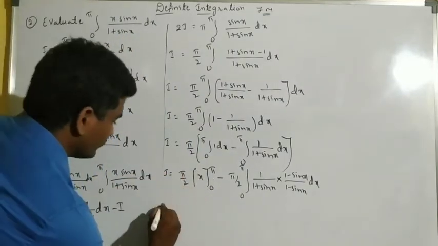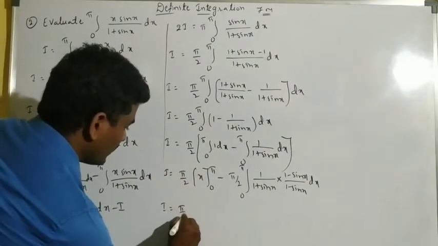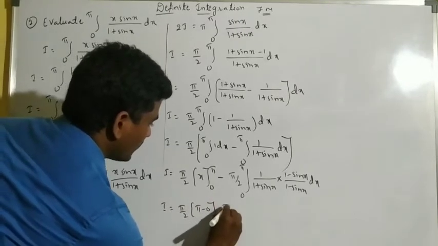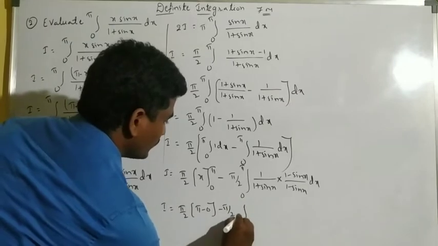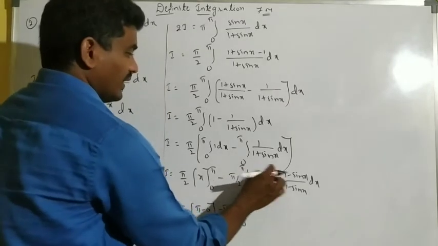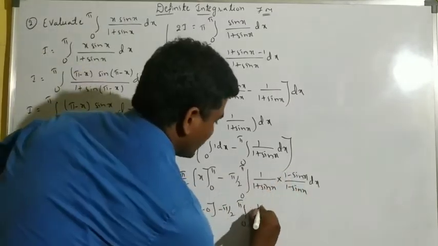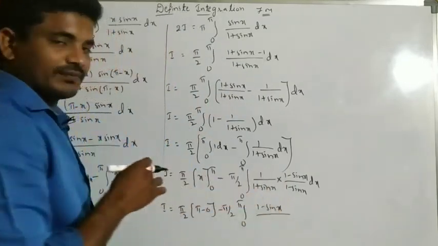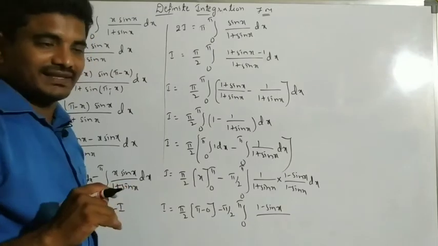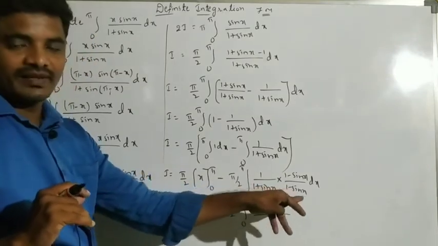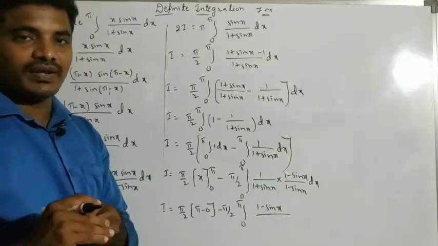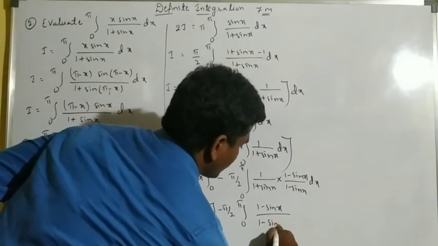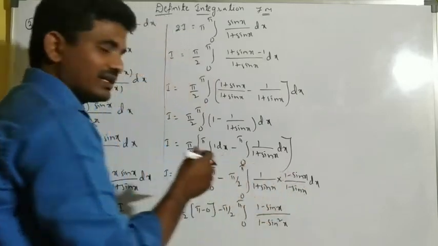Next we get I equals pi by 2 of pi minus 0, minus pi by 2 of integration 0 to pi of 1 into 1 minus sin x, which is just 1 minus sin x, by 1 plus sin x into 1 minus sin x. It is like a plus b into a minus b, which equals a square minus b square. So we get 1 minus sin square, because 1 square is 1 only.